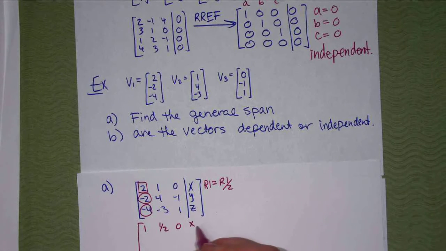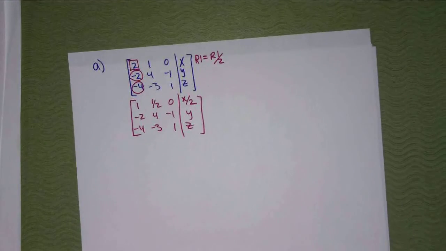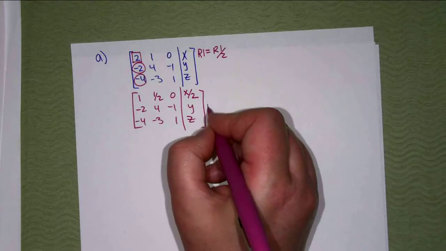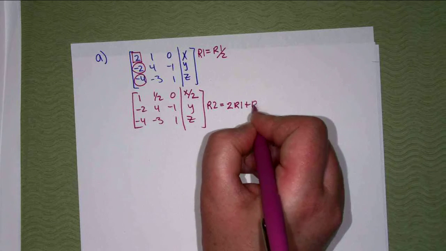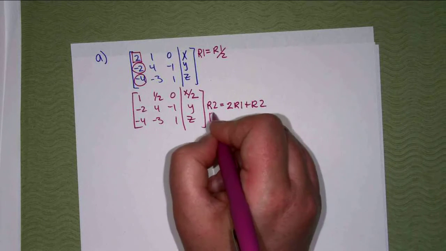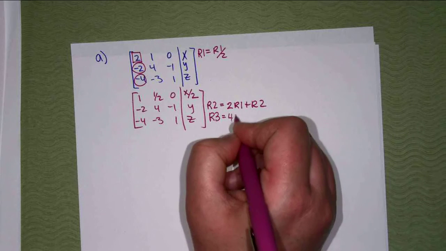Divided by 2, and then we're going to make these into zeros. So row 2, that's a -2, so we need a +2. And row 3, that's a -4, so we need a +4.